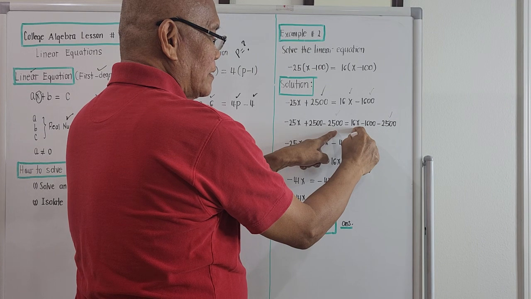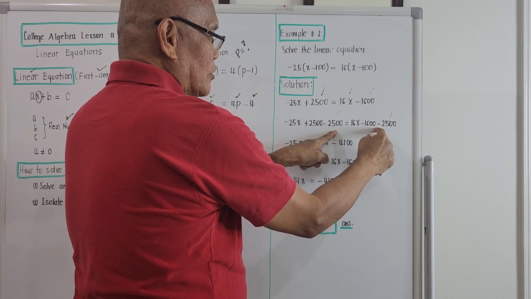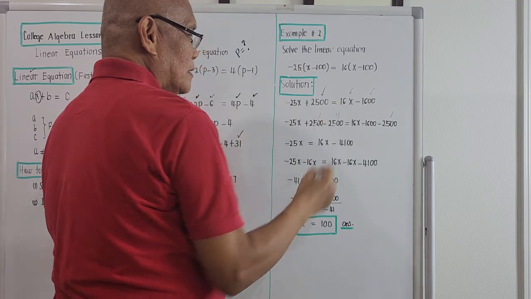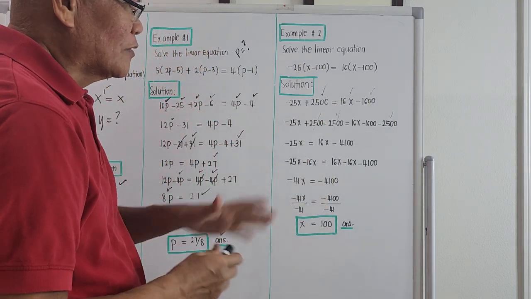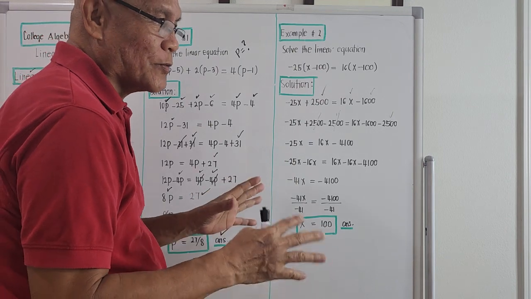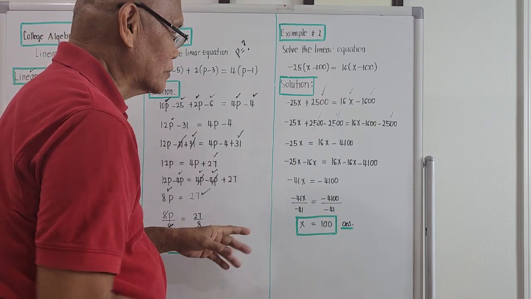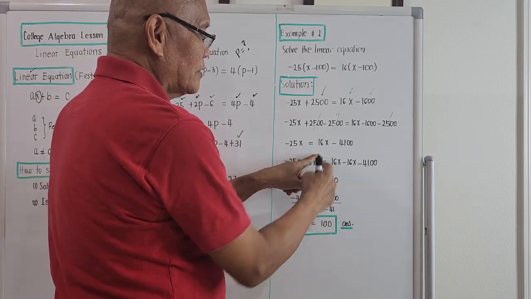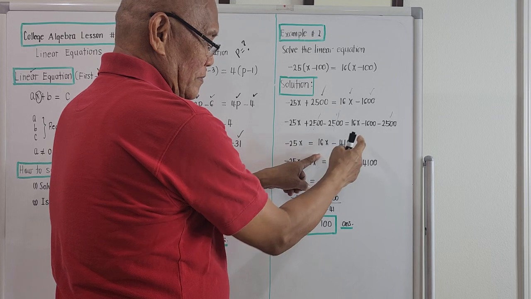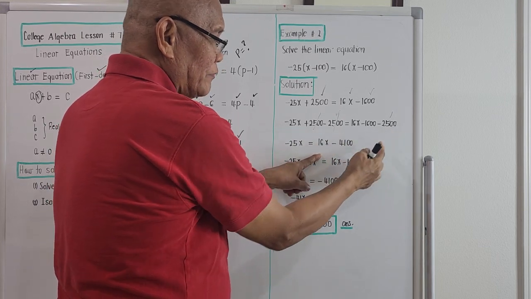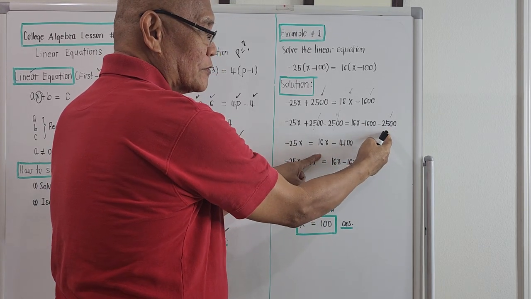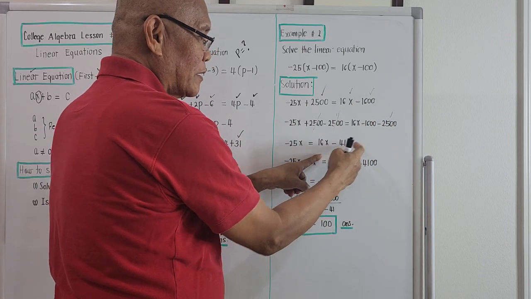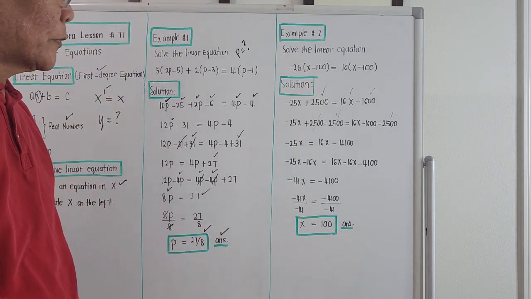This one, rewrite this: 16x minus 1600. So after the subtraction of 2500, actually this cancels, right? So what remains on the left? The left hand side is now free of a constant that is added to it. So negative 25x equal to, we simplify the right hand side, 16x. This is a pure constant. The pure constant is negative, so the overall sign should be negative. It is negative 4100.